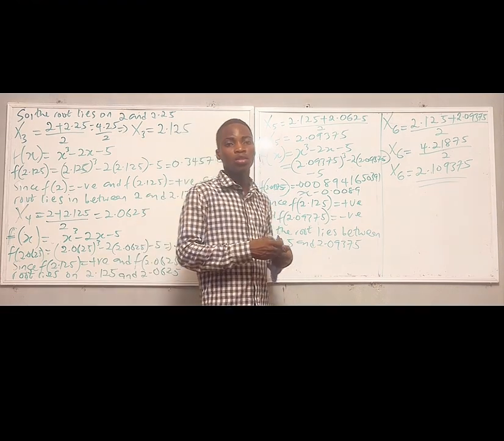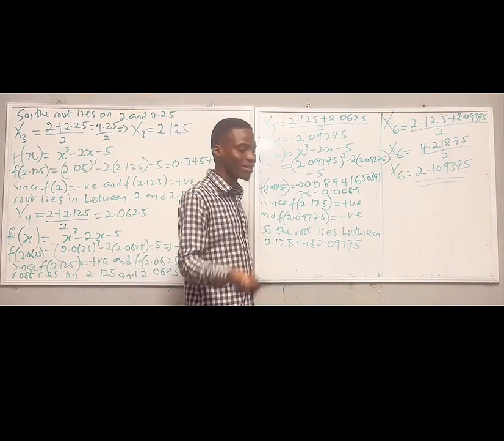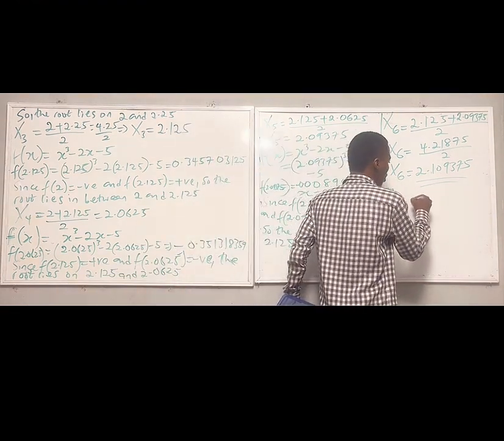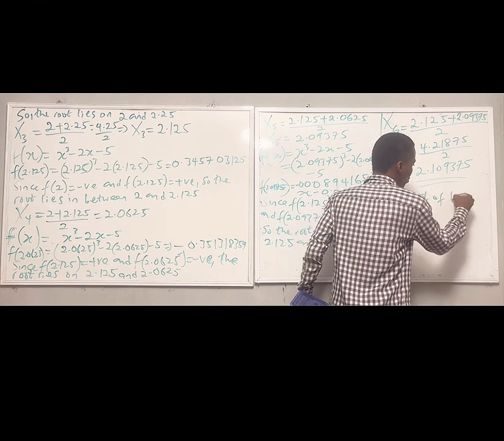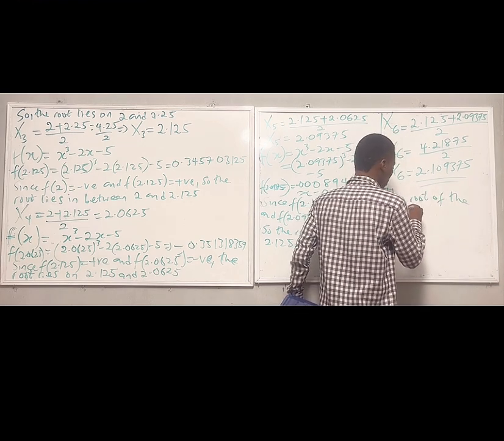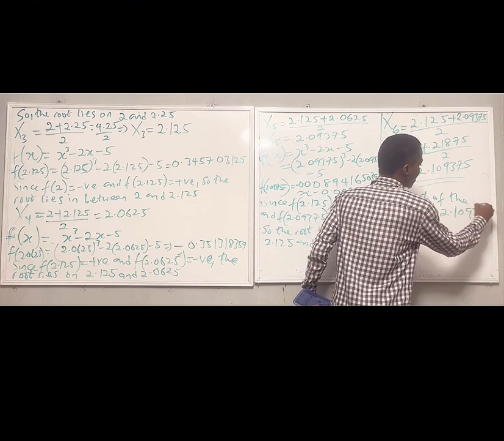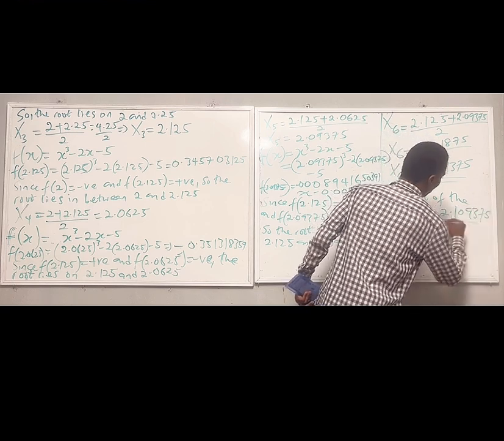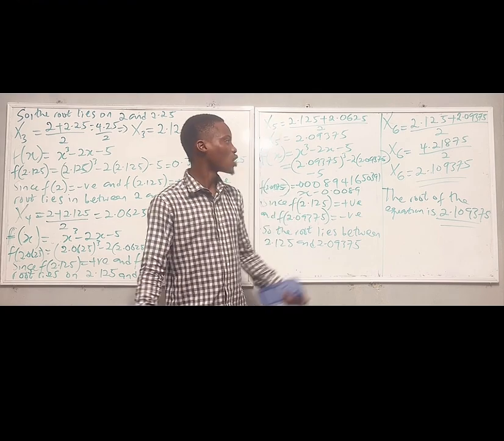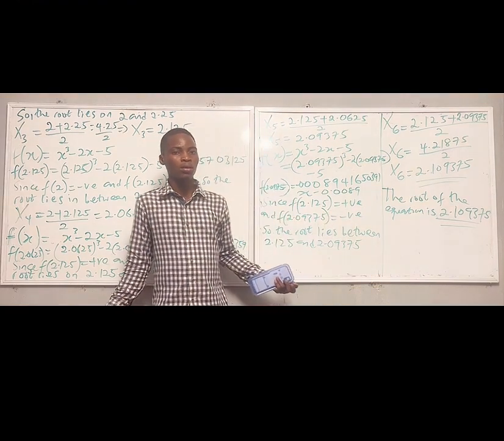So my answer, I should stop at X6. So the root of the equation is 2.109875. So this is the answer, because my question is that I should stop at this approximation.